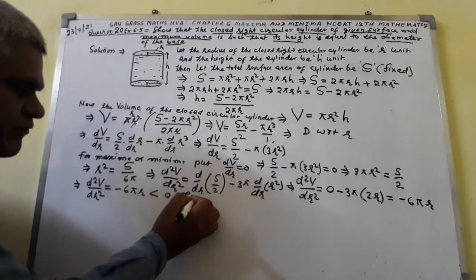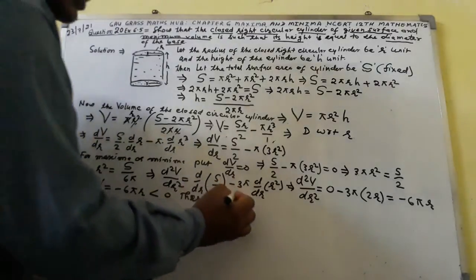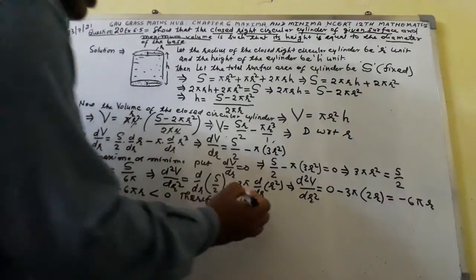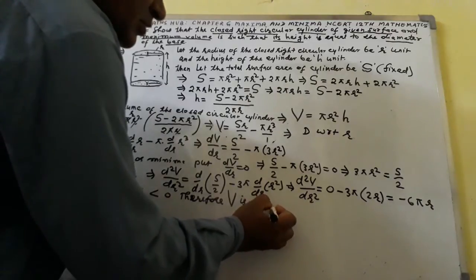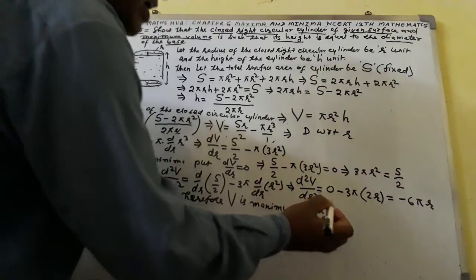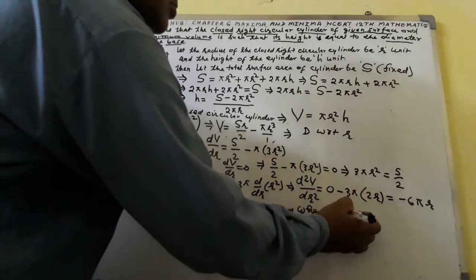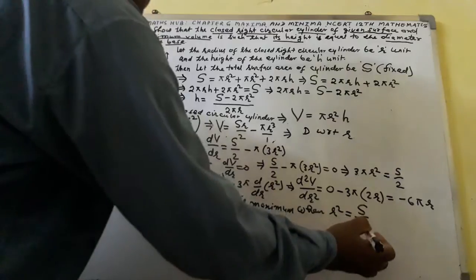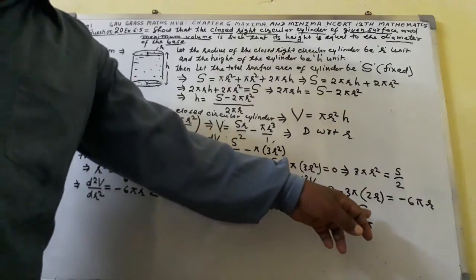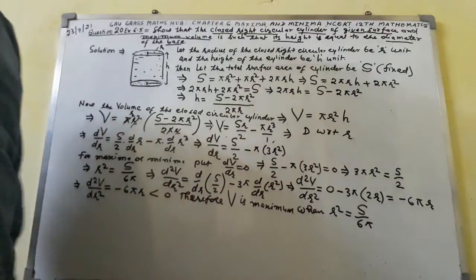Therefore, capital V is maximum when r square equals S over 6 pi. R square equals capital S over 6 pi. At this value, capital V will be maximum.